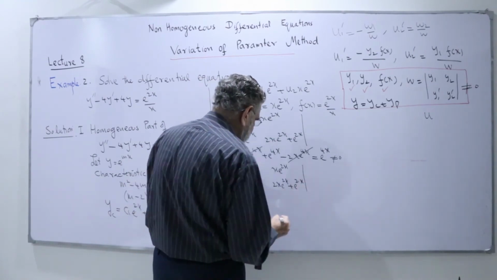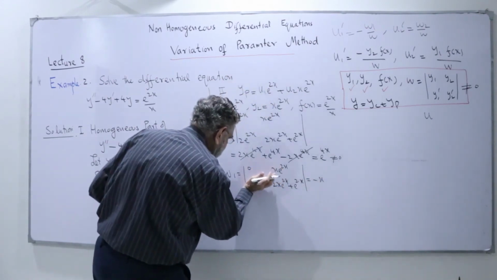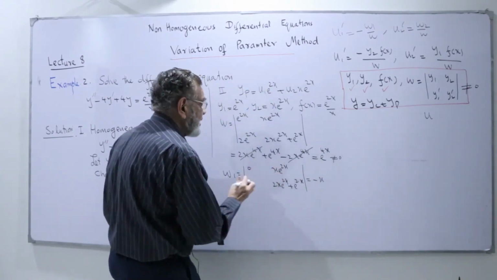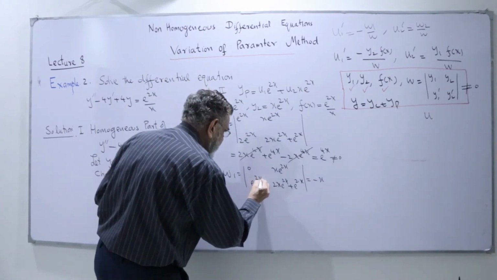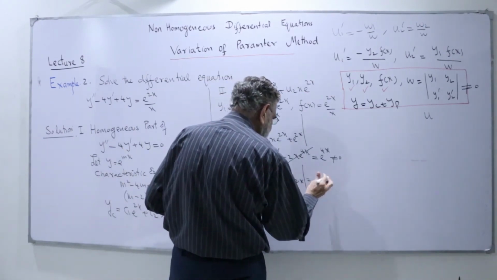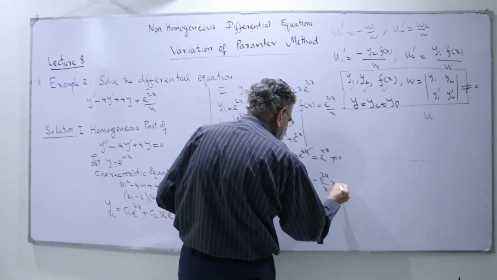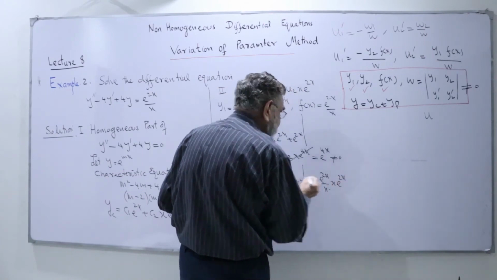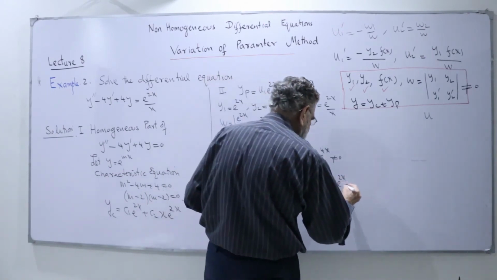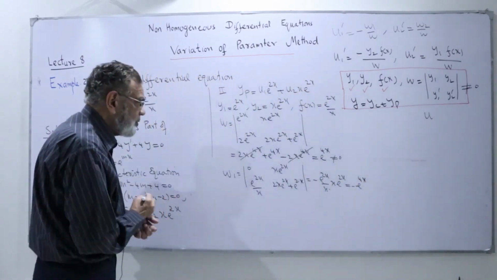Then this is 0, and we get minus x times f of x. I put the value of f of x, which is e to power 2x over x. So we get e to power 2x over x into x e to power 2x, then x cancels with x, and we get minus e to power 4x. So this is my w1.